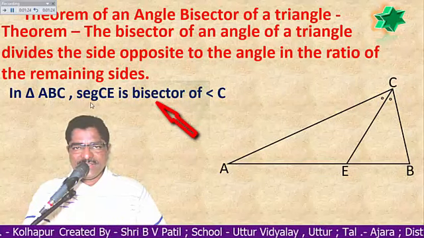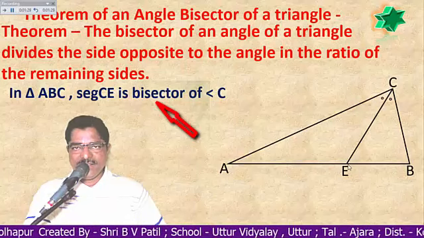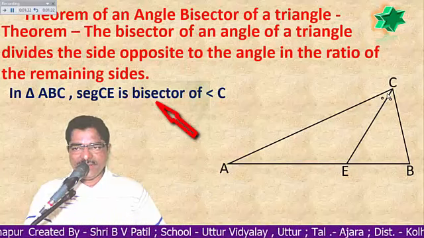In triangle ABC, segment CE is the bisector of angle C.